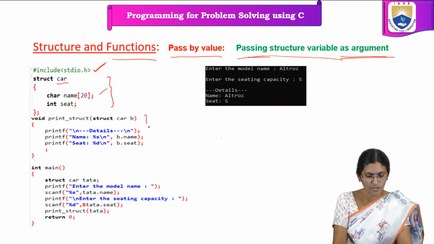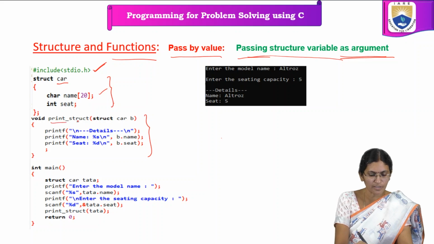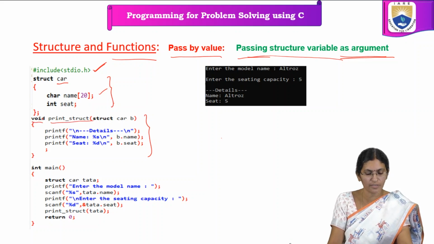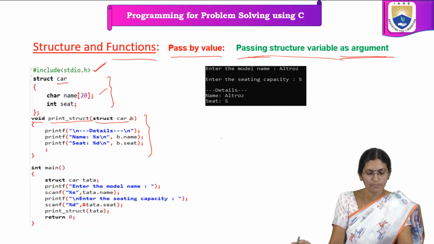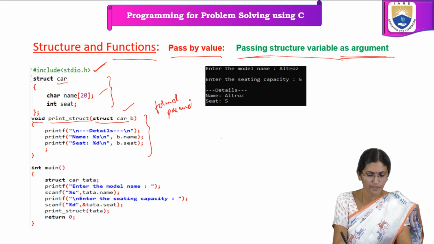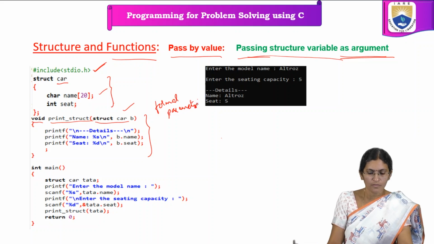Next, this is the function definition. The name of the function is print struct. The return type of this function is void, which means it does not return any value. Inside the brackets we have the arguments. These are formal parameters, and it is nothing but a structure variable.